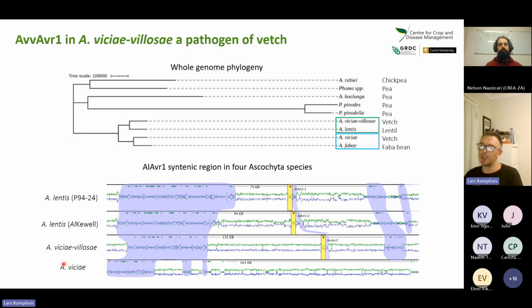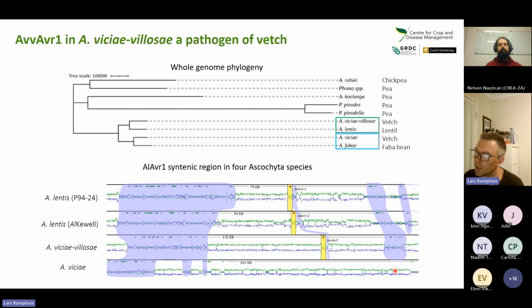But in Ascochyta viciae, there's conservation on the left-hand side of that ALAVR1 region, and then on the right-hand side, which is the tail end of the chromosome, remember, the end of chromosome 3 in all these pathogens, that homology and synteny is lost.